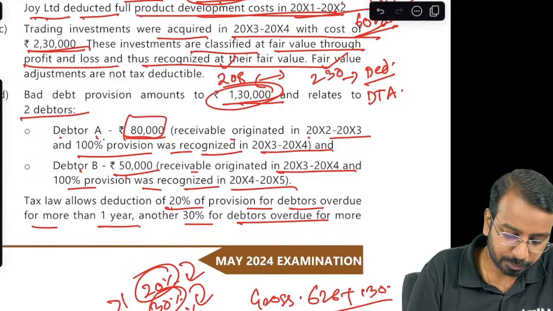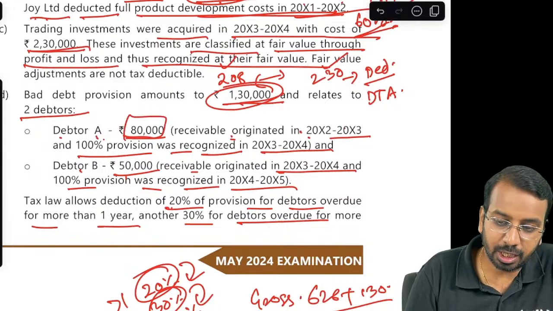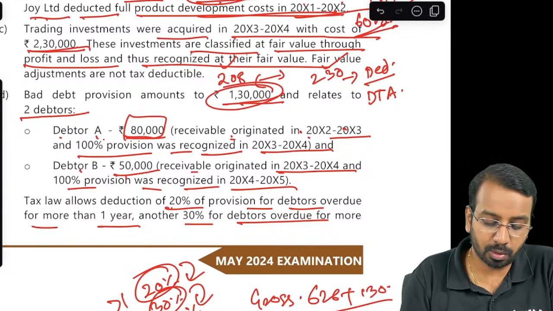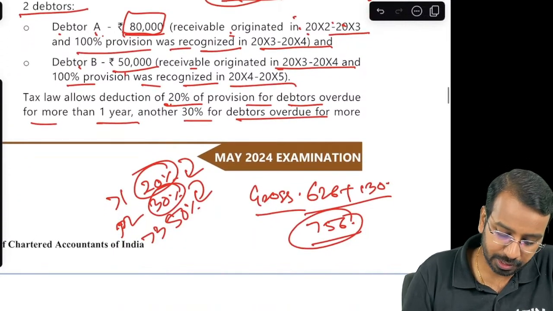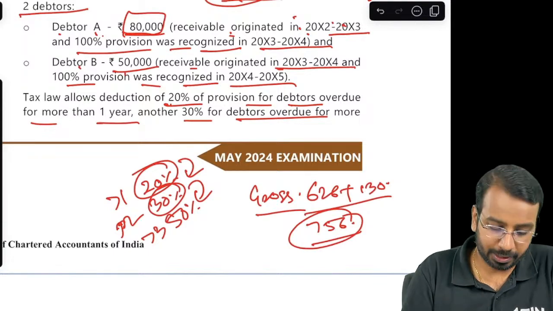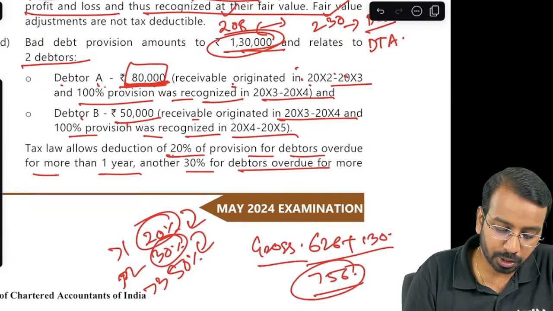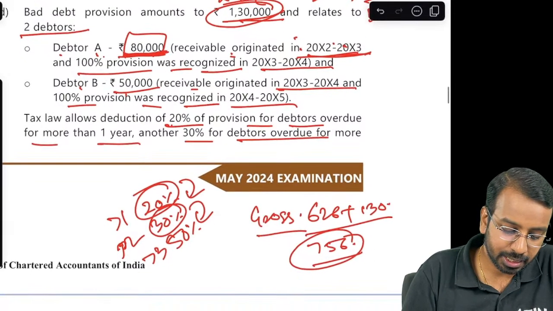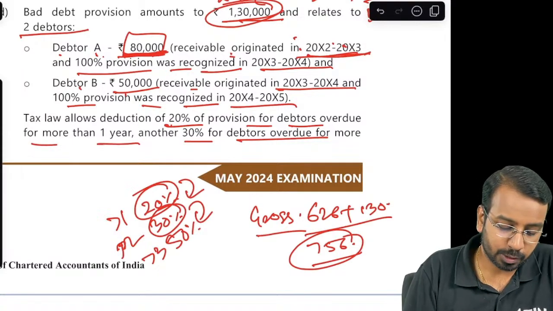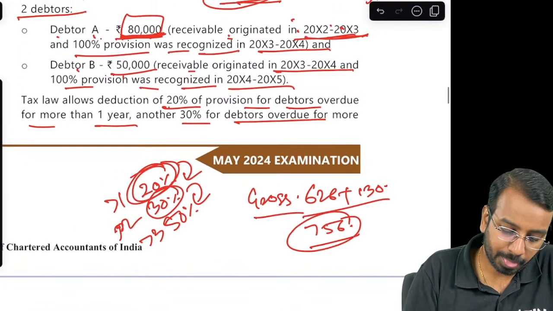Debtor A 80,000. Receivable originated in year 2, year 3. 80,000 is the debtor, originated in year 2, year 3. When 1 year passes by, you can claim 20%.